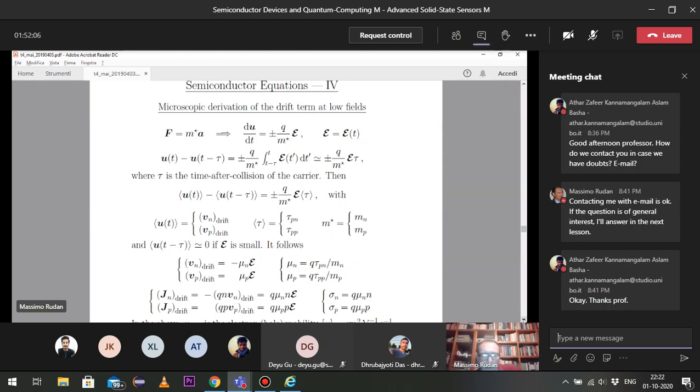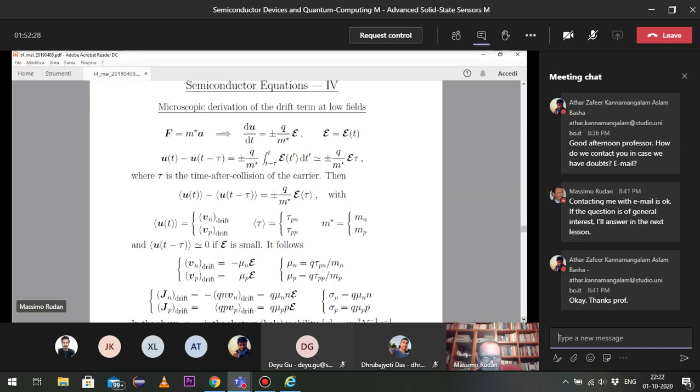So the issue is, what is this tau? To describe what tau is, we must figure out what is the typical trajectory of one electron or one hole in the semiconductor.